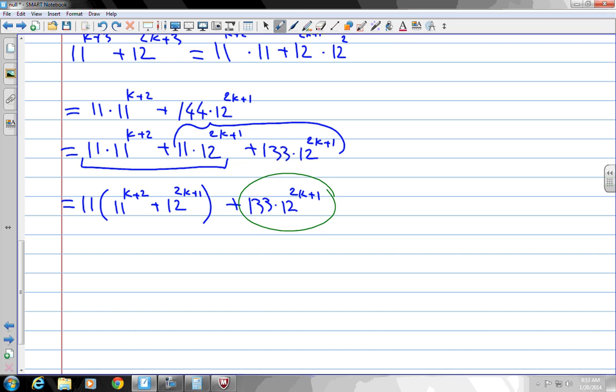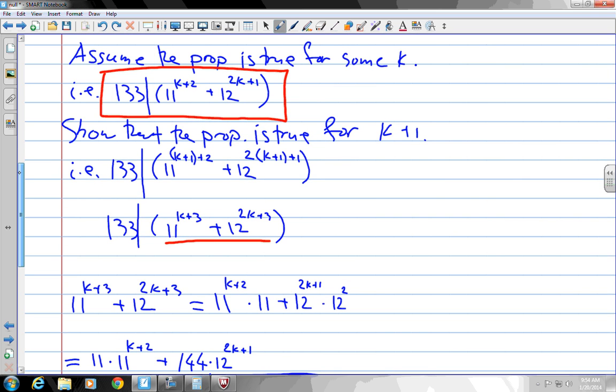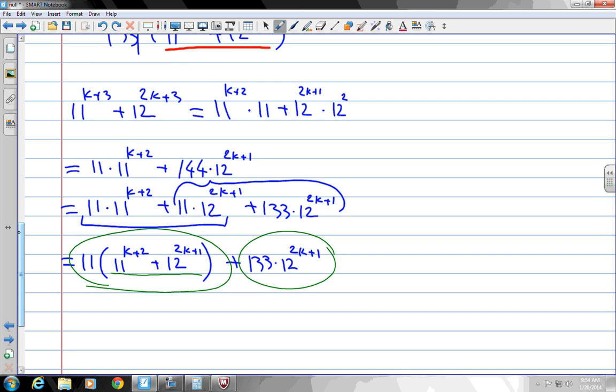Is this divisible by 133? By definition, it's 133 times something, so it's divisible by 133. Well, is this divisible by 133? This is my assumption, right? By assumption, 11 to the k plus 2 plus 12 to the 2k plus 1, that's exactly what that is. This part is divisible by 133 by assumption, right?